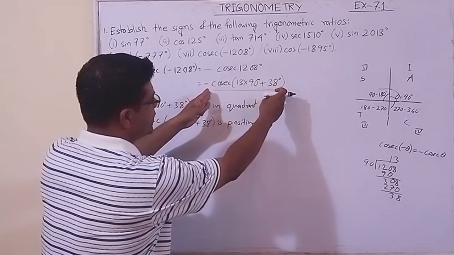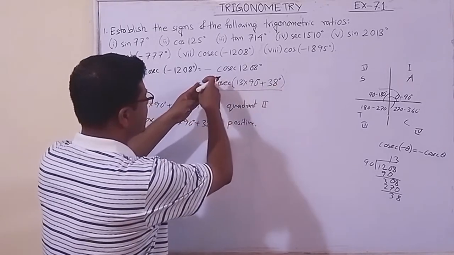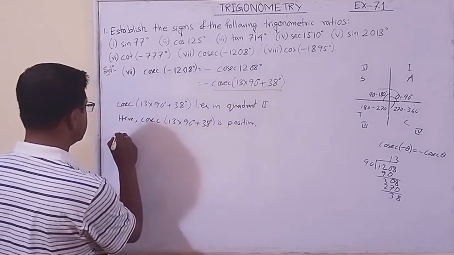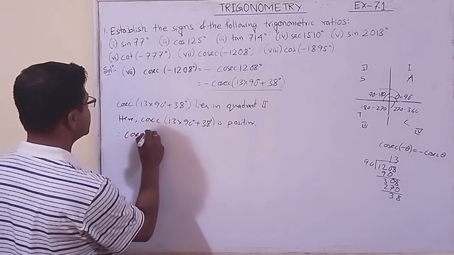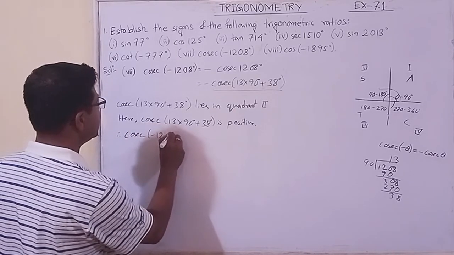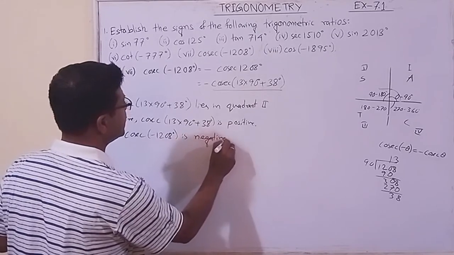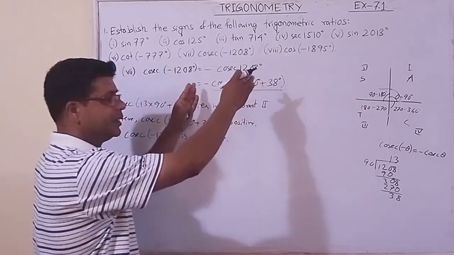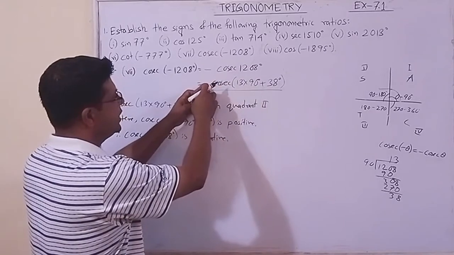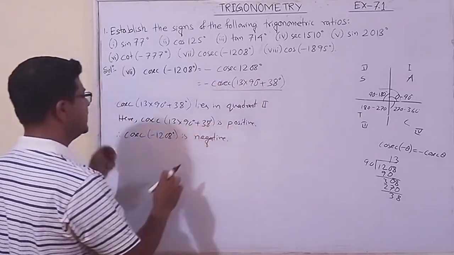Therefore cosec of minus 1208 degree is negative, because it is positive, but due to the negative sign, it is negative.